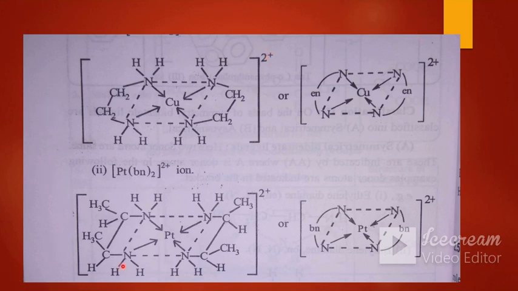Second example, Pt(bn)2 2 plus ion. Here platinum is the central metal atom, the structure is like this, centrally Pt, and here bn, and the total charge on this structure is 2 plus, like this.